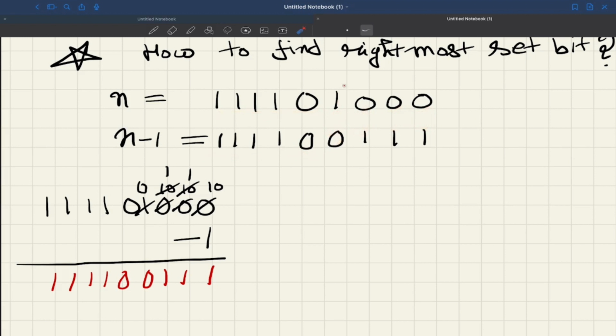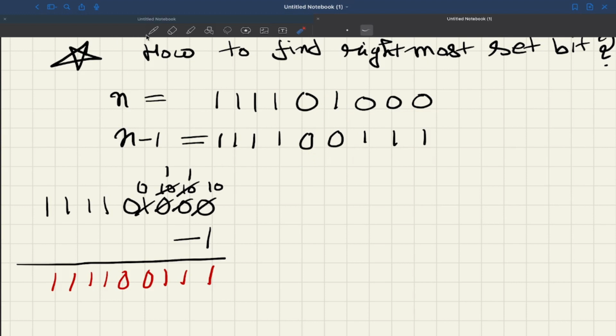And this 1 is the rightmost set bit. So before this rightmost set bit, all the bits are exactly the same in n and n minus 1, but at and after this rightmost set bit, all the bits are exactly opposite.